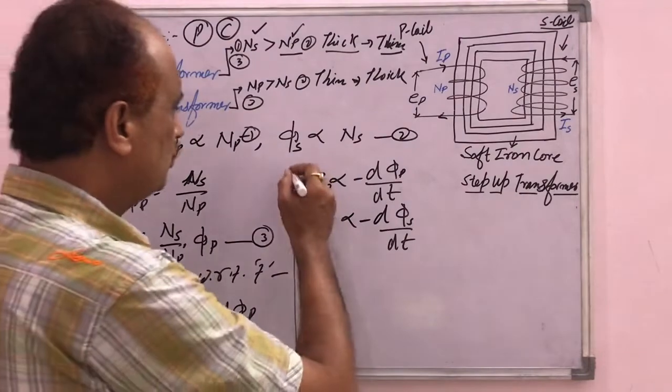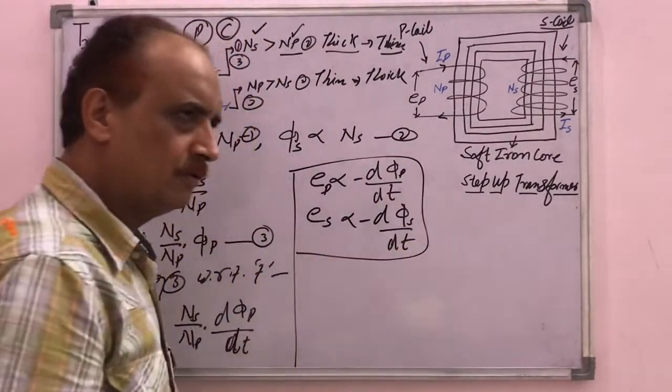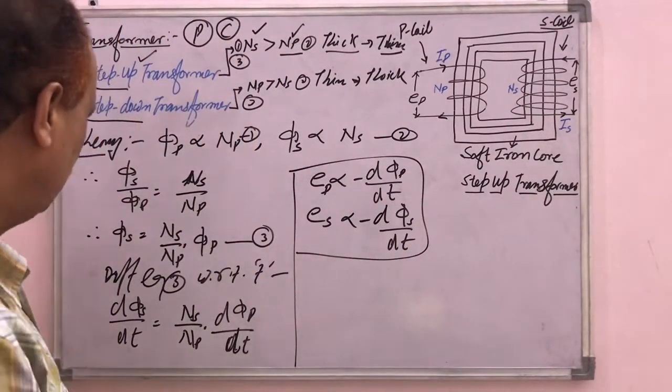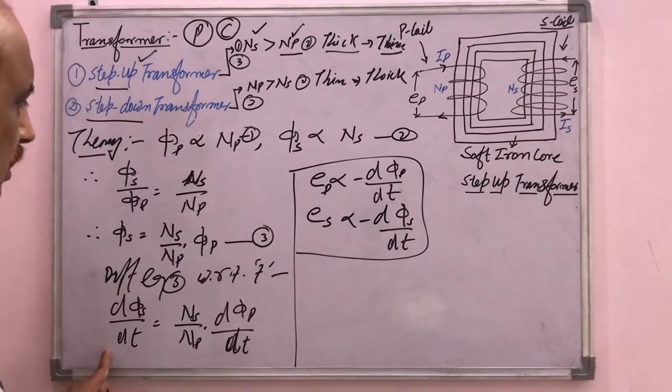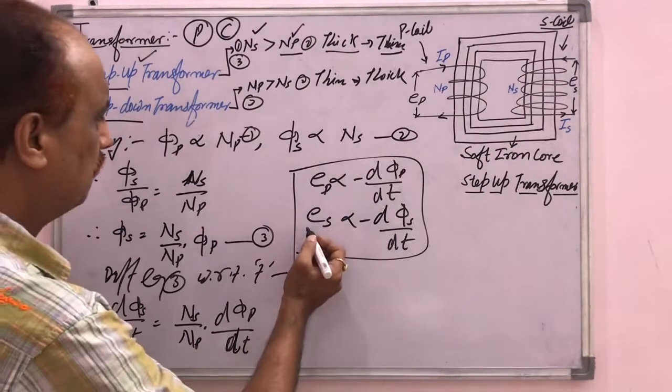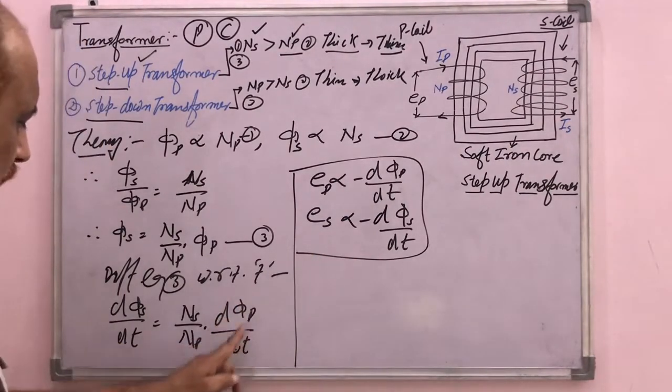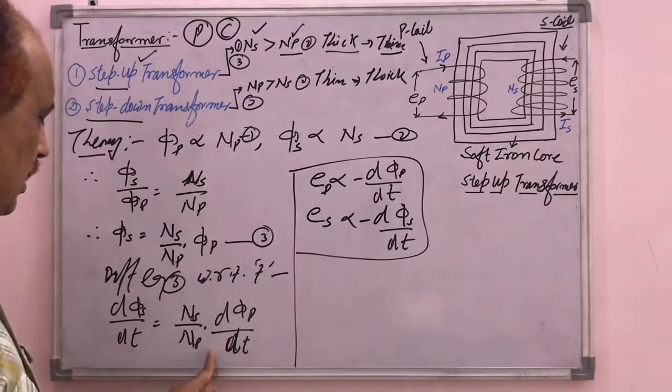So using Faraday's law, dφs over dt will be equal to minus Es, and dφp over dt will be equal to minus Ep.